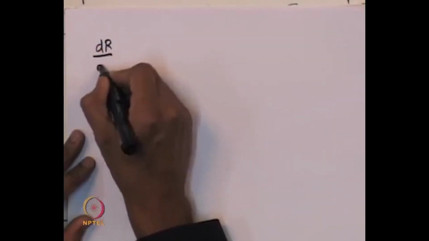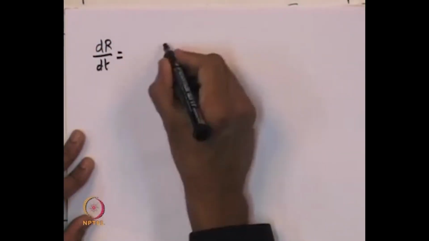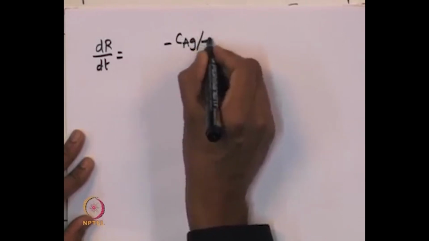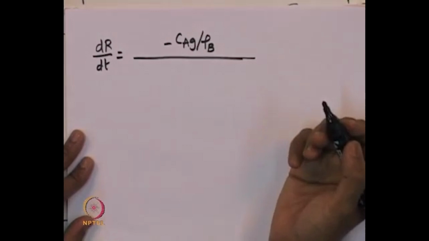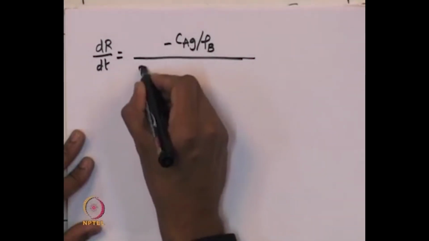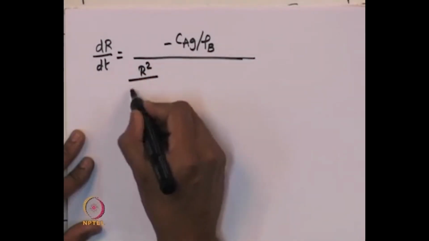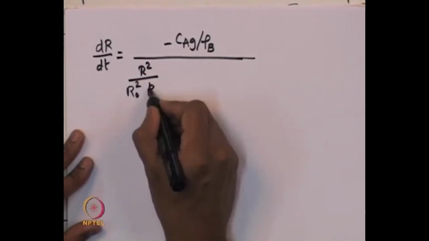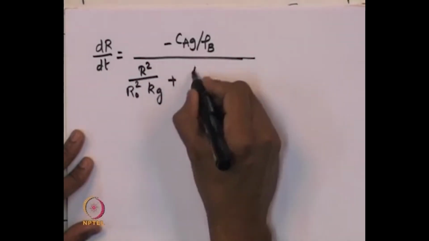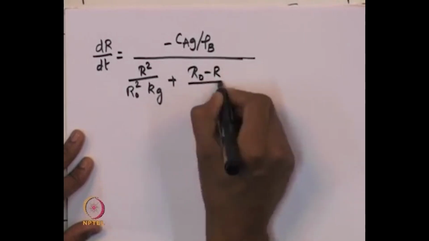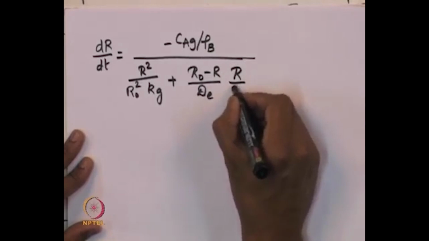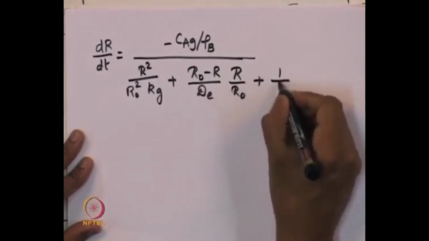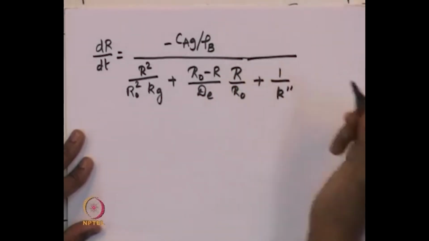The rewritten model will be dr by dt equal to minus CAG divided by rho b. CAG is the gas phase concentration, rho b is the density of the solid, divided by (r squared by r naught squared times kg) plus ((r naught minus r) divided by the diffusivity times r by r naught) plus 1 by k double prime. That is the specific reaction rate.